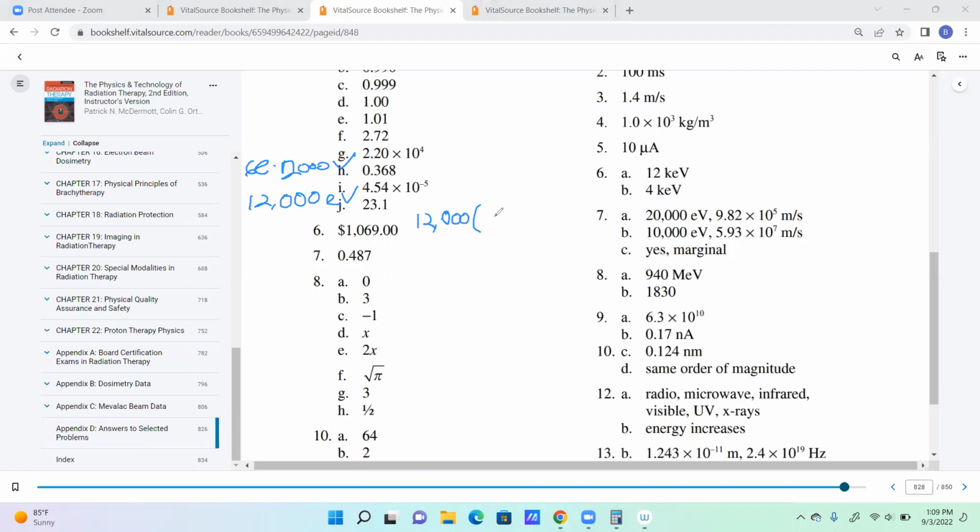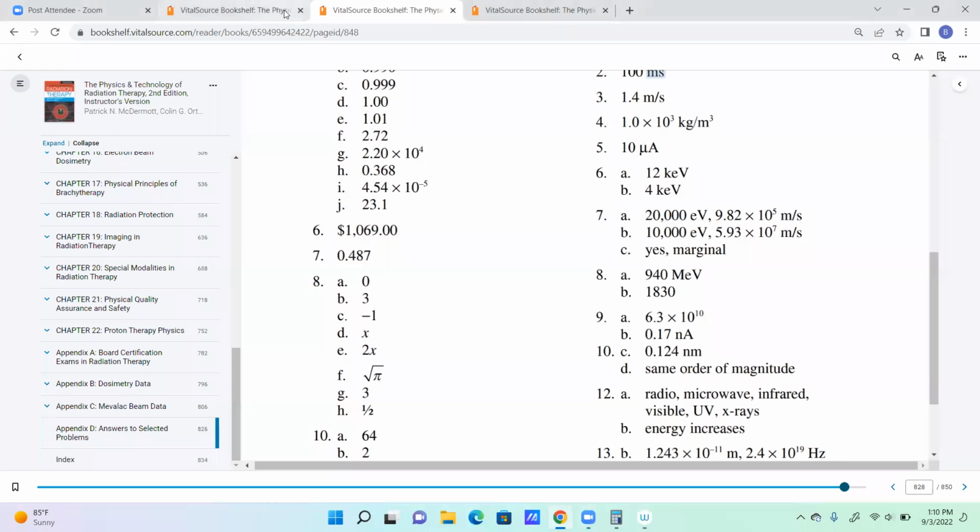We know there's going to be 1 keV for every 1,000 electron volts, so we divide by 1,000 and we end up with 12 keV. That's our answer, at least for part A.